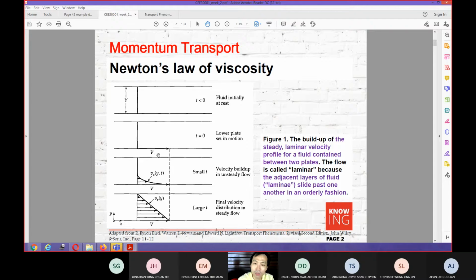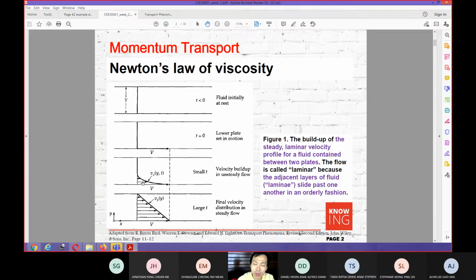We put the symbol here as a capital V. As we move the plate, it has a constant velocity of V. Then we have a gradual movement here.